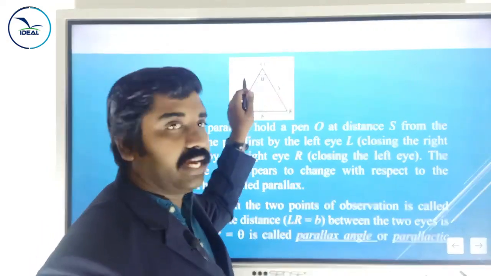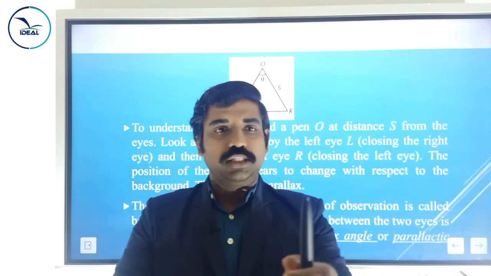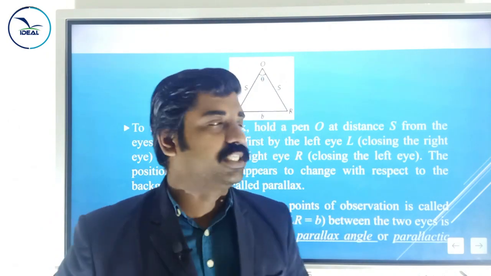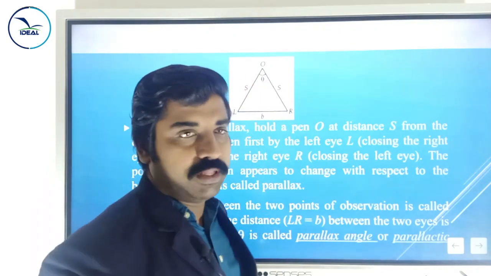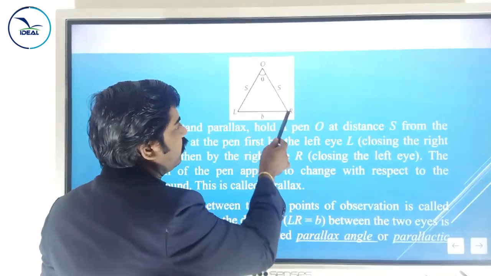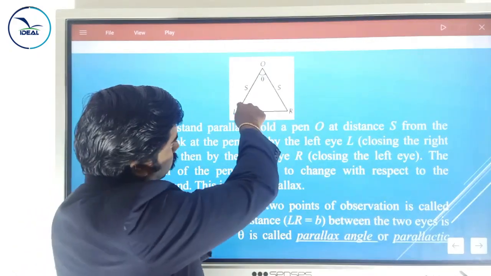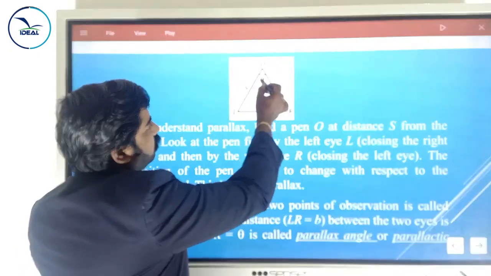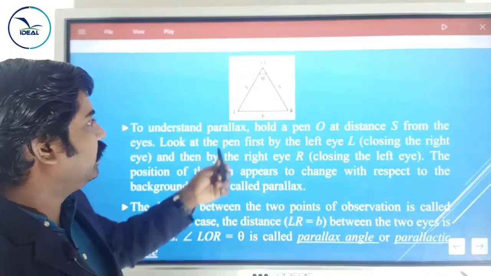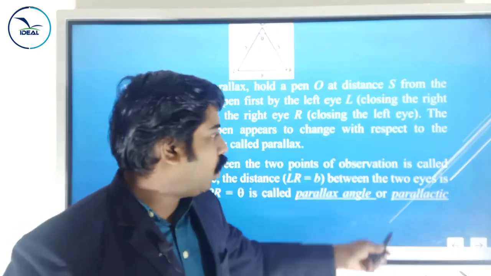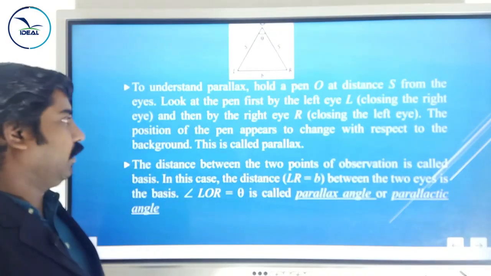So there makes an angle. Actually this object is here, and due to my observations there makes an angle, as I am observing from here and here. This angle is called theta, the parallax angle or the parallactic angle.